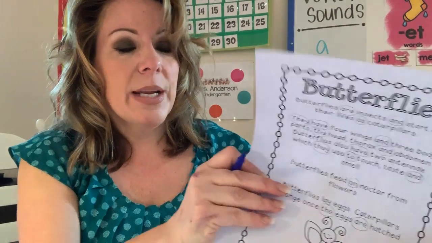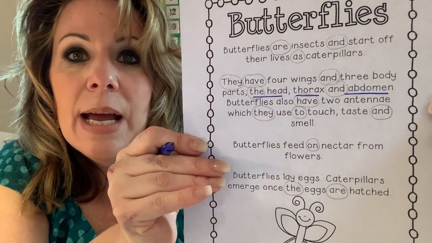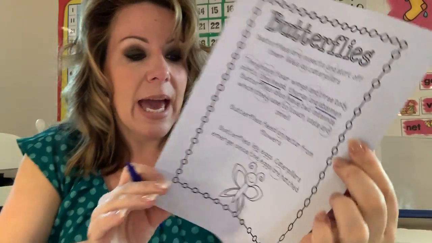What else do they have? Now, I know you're telling me that they have 3 body parts, but let's see if we can write down those body parts. I know that I can go back over here, and what I'm going to do now is underline the 3 body parts that they have. Can you see that? And I'm going to write those underneath what they have. So they have a head. What else do they have?